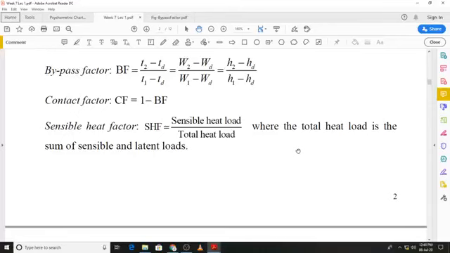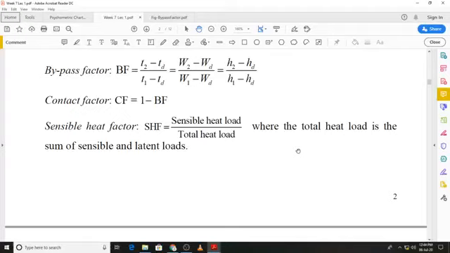The bypass factor then is defined to show the effect of the imperfect cooling of the air, and it's the ratio of the bypass effect divided by the ideal case in which the air, if it had been ideally cooled, would have gone through a temperature change T1 minus Td, whereas T2 minus Td in the numerator shows the effect of the bypass.